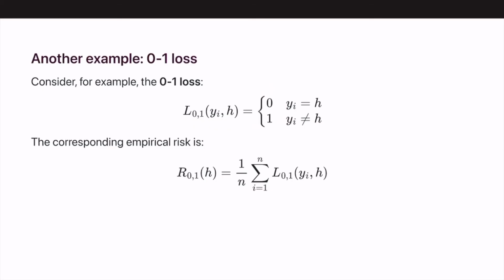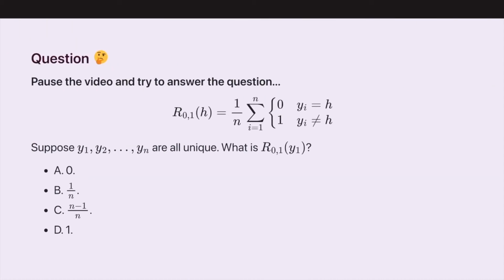But before we jump into that, let's go ahead and try to answer this question. So we're given the 0,1 loss, and for this data set that's size n, y1, y2, up to yn, suppose that each of these values in the data set are all unique.